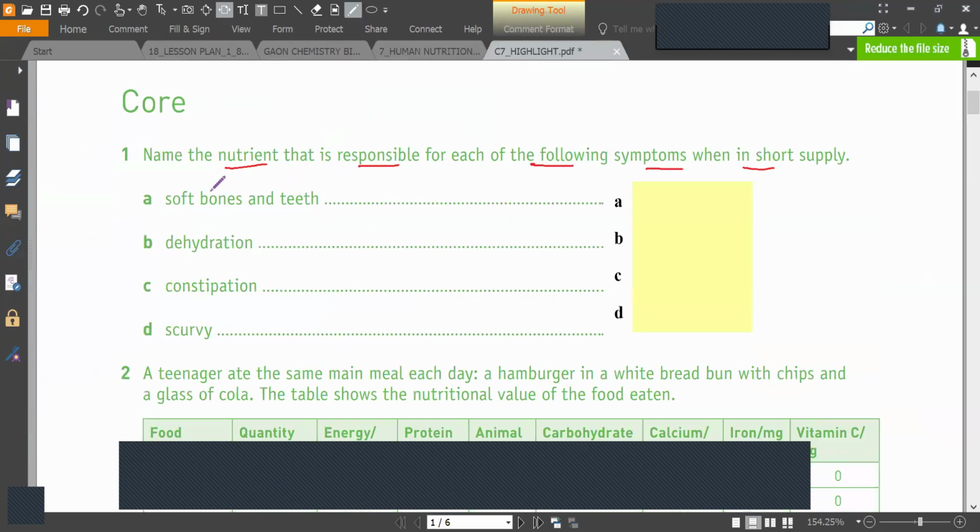First, soft bone and teeth is due to shortage of calcium. It causes rickets. Calcium or vitamin D. Dehydration because we lack water. Constipation because we lack fiber. And scurvy is due to deficiency of vitamin C. Okay, straightforward.